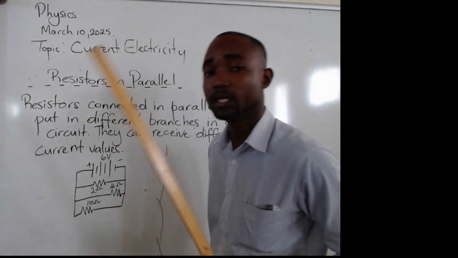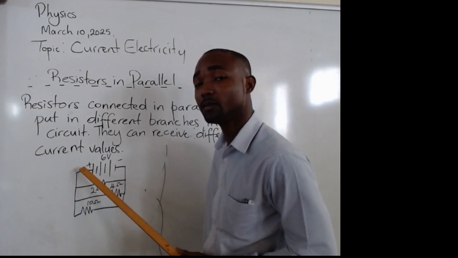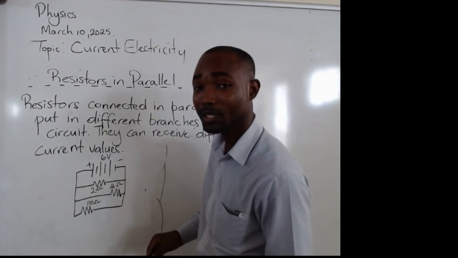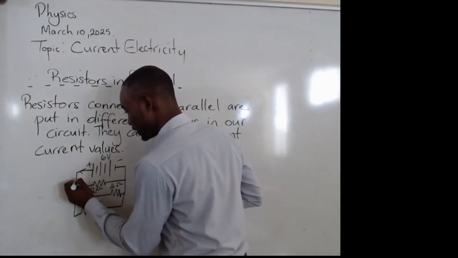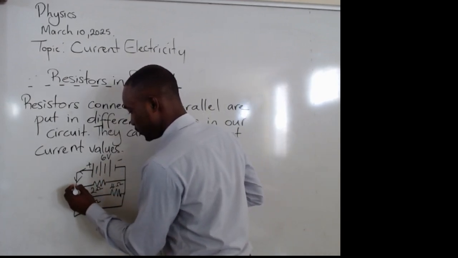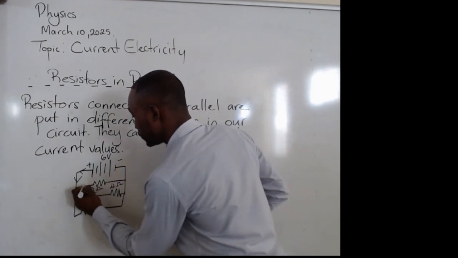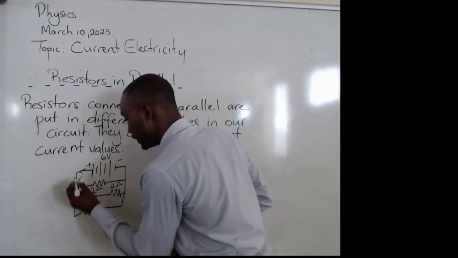Now, what I want you to realize is that we have 3 different branches in our circuit. Now, the current travels from the positive terminal around to the negative terminal. Let's look at the current flow now. So the current will travel from here, conventional current. When it reaches the junction here, some of the current will go through the first branch, while the rest will travel downwards.